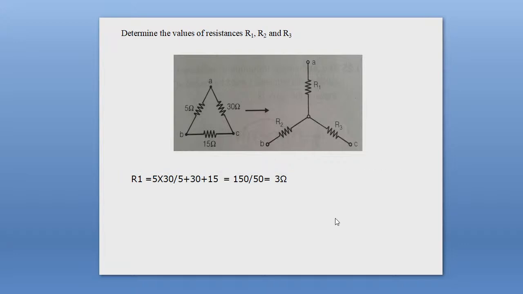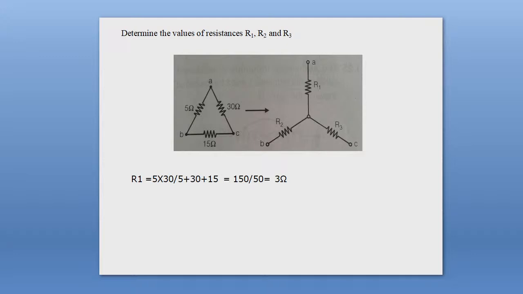So everyone calculate the value of the other two resistances, R2 and R3. R1 is nothing but 3 ohm. Yes, Arkodip, 3 ohm, right? And in a similar way you calculate the values of R2 and R3.